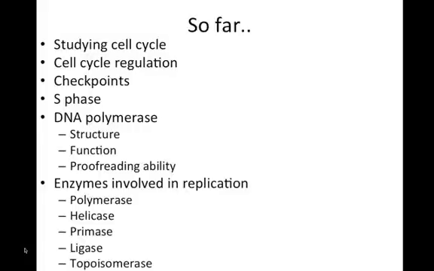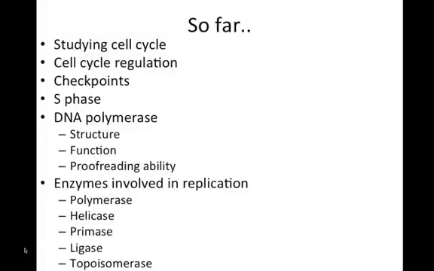DNA polymerase, we introduced that, the enzyme itself. We looked at its structure, we talked about what it does, we talked about how it has proofreading capabilities, and then we talked about enzymes that are involved in DNA replication. We spoke about polymerase, helicase, primase, ligase, and topoisomerase.